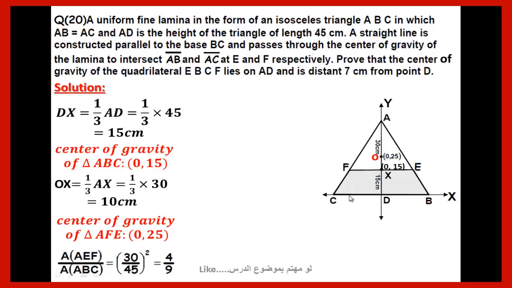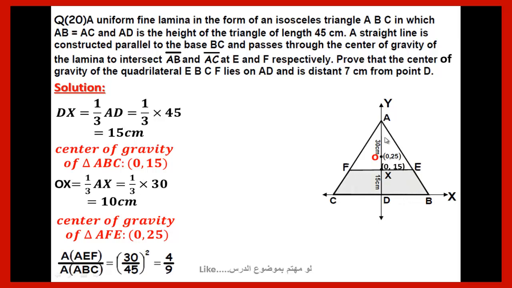So from similarity, the area of triangle AEF over the area of triangle ABC equals the ratio between the heights, AX over AD, all squared. It equals 30 over 45 all squared, where 30 is the height of AEF and 45 is the height of triangle ABC.